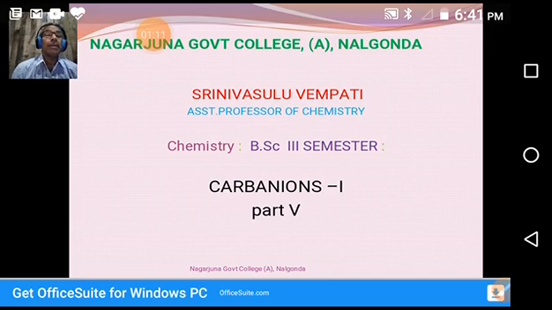Then we have been discussing some organic synthetic reactions or named reactions involving carbanions.